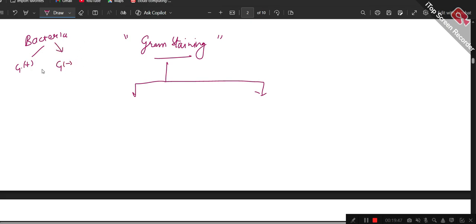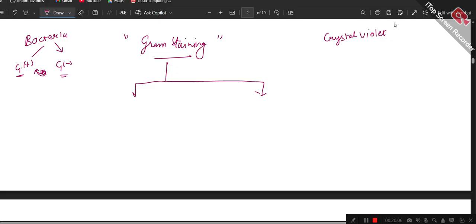They have different characteristics, so to differentiate both of them we do the procedure called gram staining, where I'll write here, crystal violet is first used.